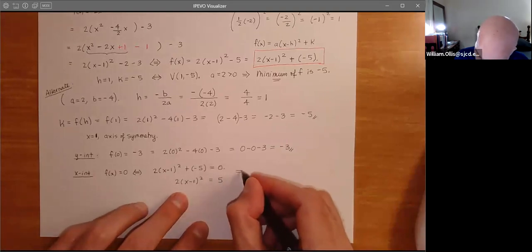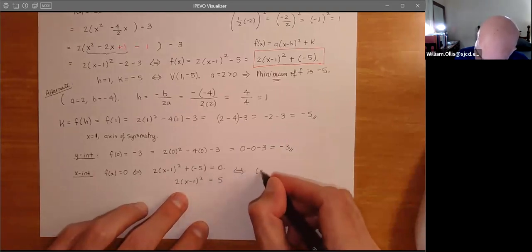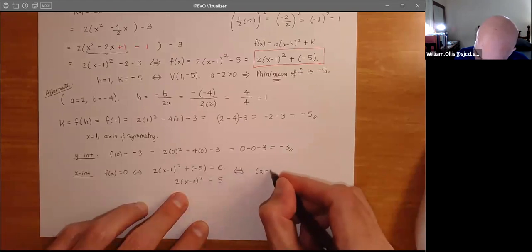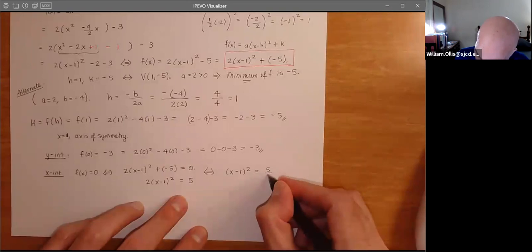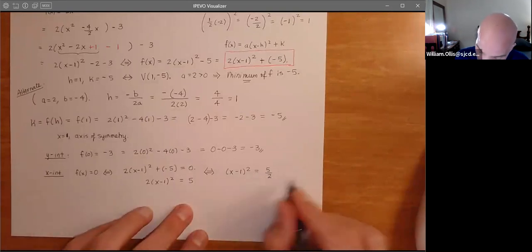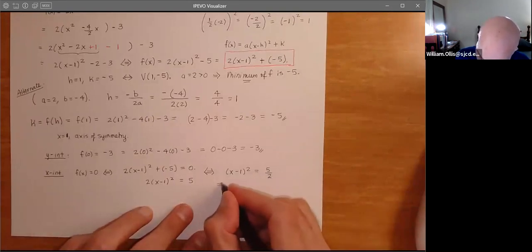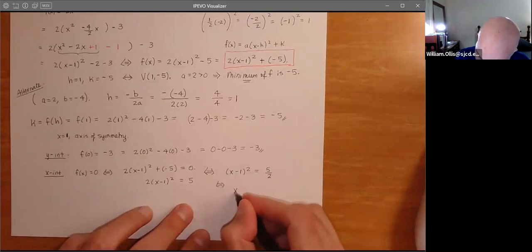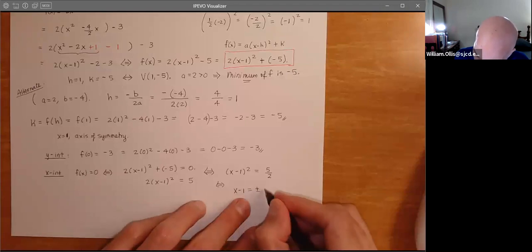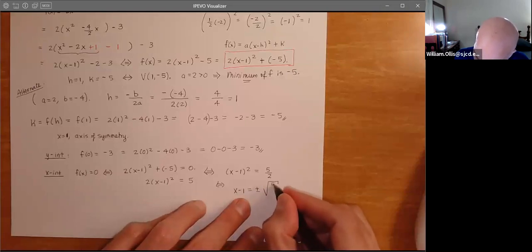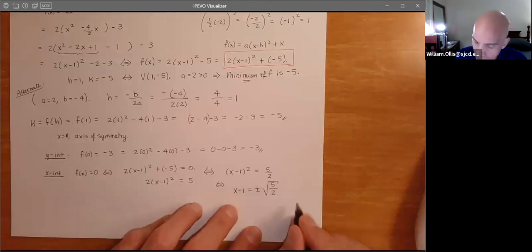So if and only if (x minus 1) quantity squared equals 5/2, and that's a positive number, now we can apply the square root property. So x minus 1 equals plus or minus the square root of 5/2.